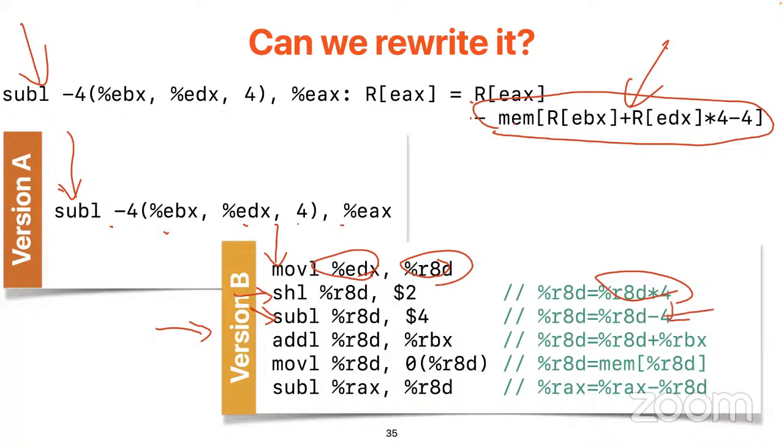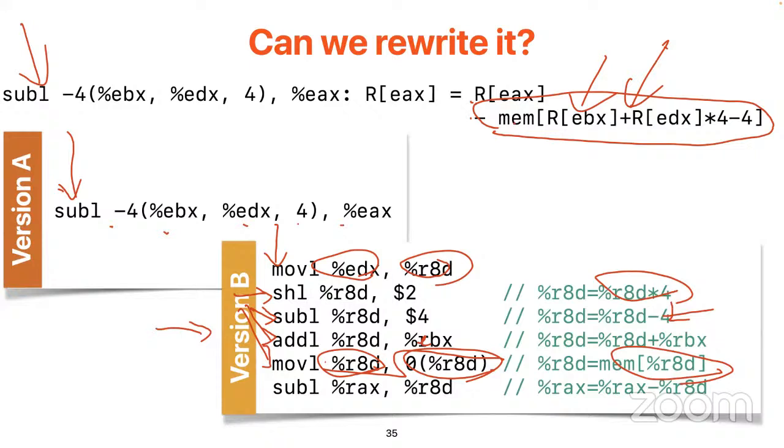And then add the base address from EBX. And then move the value currently in the memory location at R8D into the register R8D.